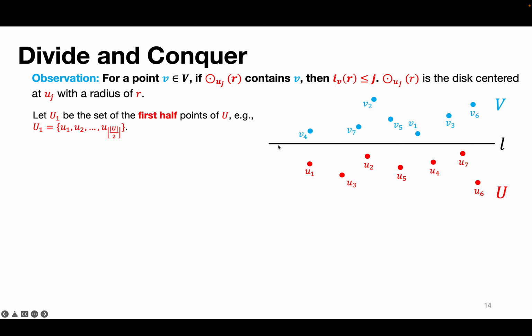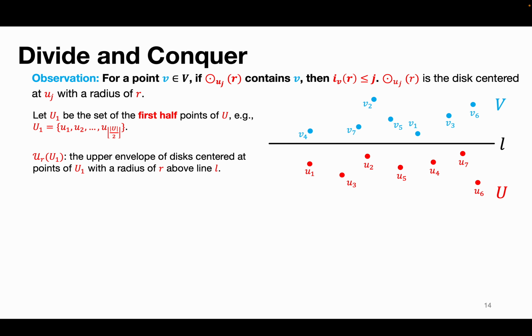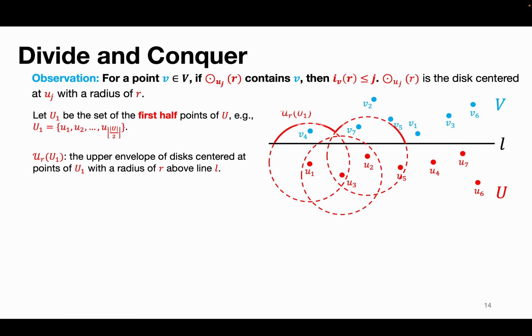And then we partition the set U. Let U1 be the set of the first half points of U. In this example, it's U1, U2, and U3. And then we compute the upper envelope of disks centered at the points of U1 with radius R above line L, which is the red curve in this example.